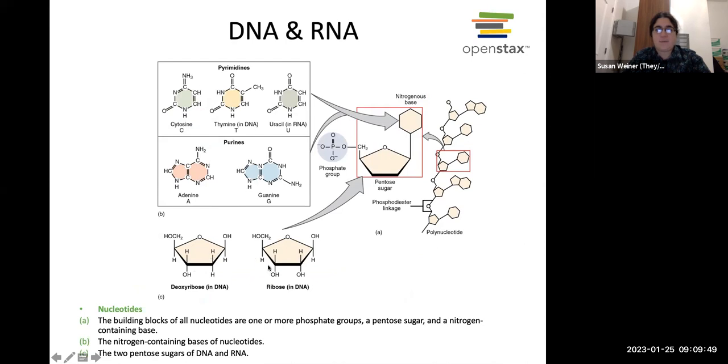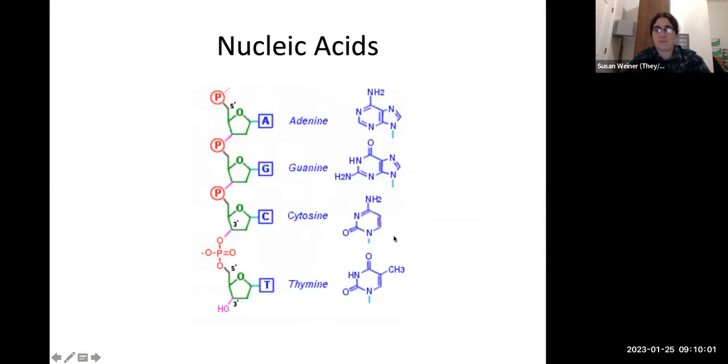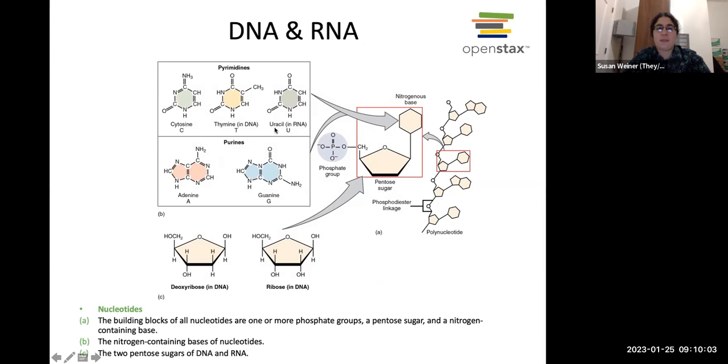It's the same basic thing, except ribose has one more oxygen right here. Deoxyribose does not. So it's just that one oxygen difference. Otherwise, it's the same structure. And the big difference here is that in DNA, there's a T base. In RNA, there's a U base. Otherwise, they all act the same.